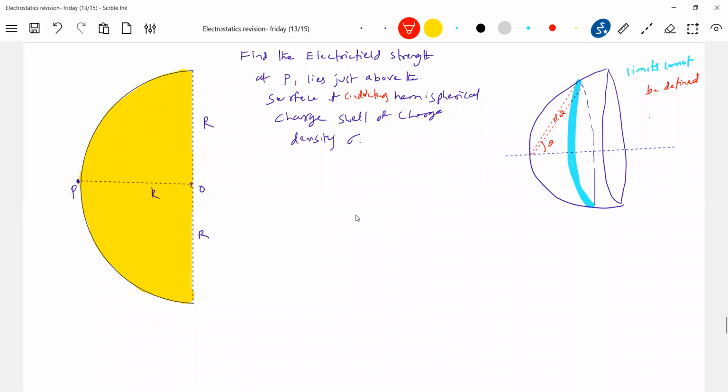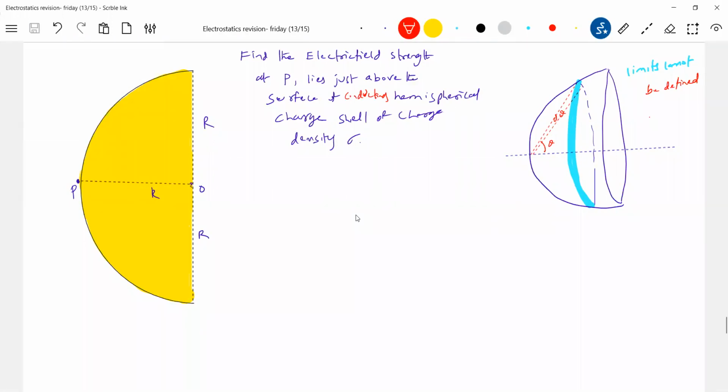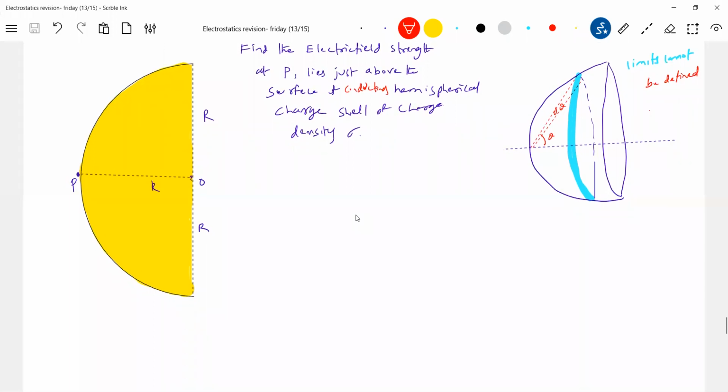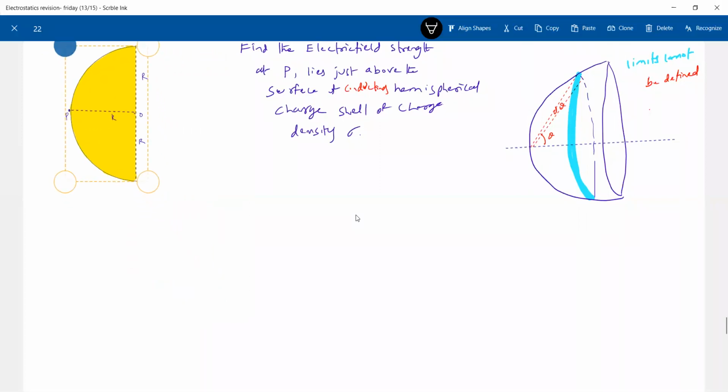Let me write here conducting. Somebody is asking, sir, conducting or non-conducting? I made it clear it's conducting. So now that is ruled out. I will take the superposition and proceed here.